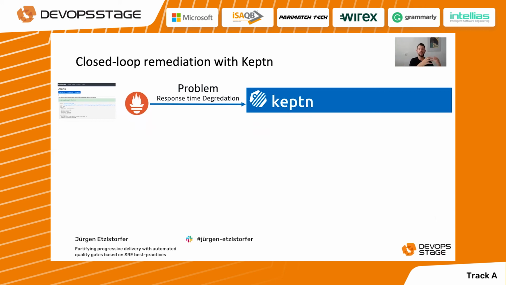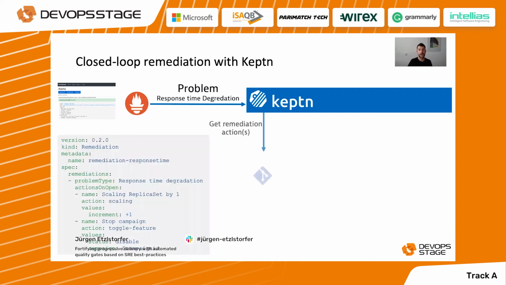So we have set up everything with Captain. We have our quality gates and we have set up our alert manager in Prometheus. So if Prometheus now sends some alert to Captain, it will be received, interpreted and sent to the Captain remediation service.